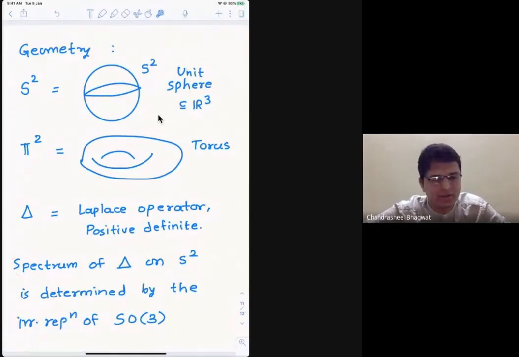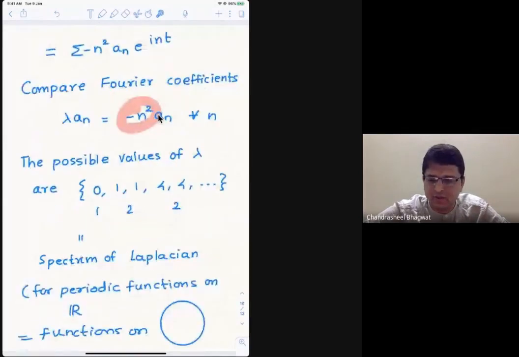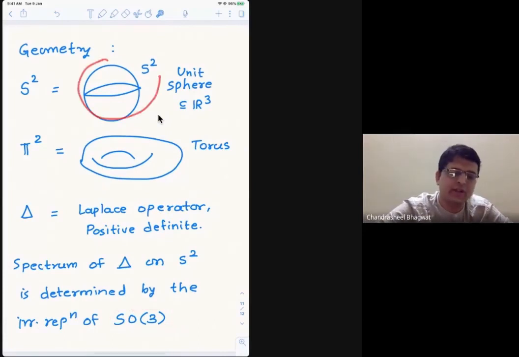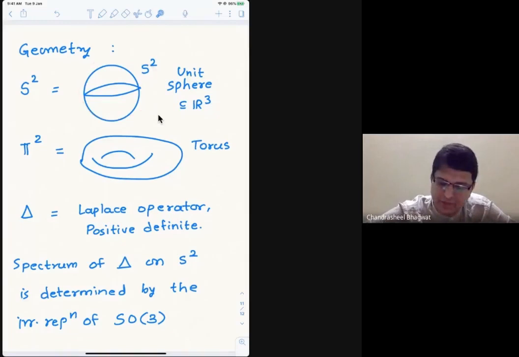Same thing also happened in the previous example. Here the isometry group is the group of rotations in R2. It's called SO2. It is the same as the circle group, and its representations are going to determine these numbers. Exactly the same thing happens over here. SO3 is a group, and its representations in fact determine the Laplace spectrum here.